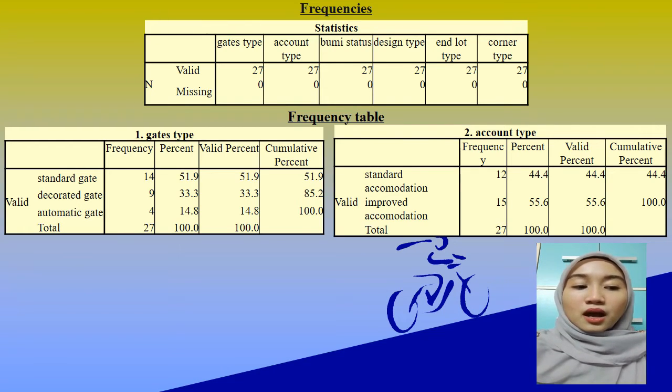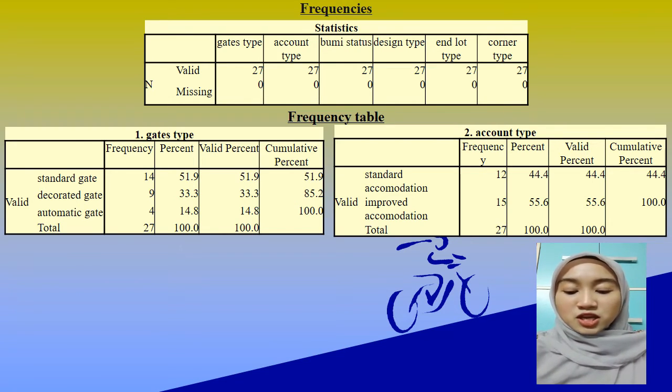Other than that, there is improved accommodation. The frequency for improved accommodation is 15 with 55.6% valid percent, while the cumulative percent for improved accommodation is 100%. This shows improved accommodation has the higher frequency compared to standard accommodation.